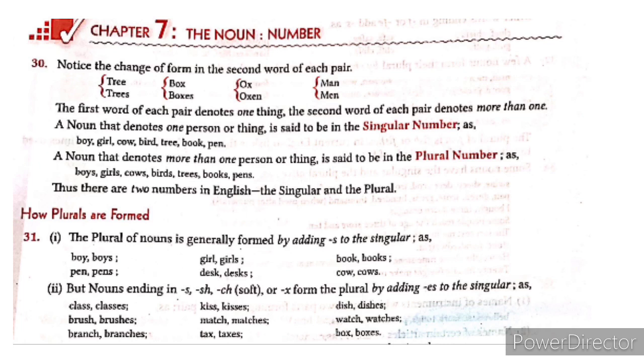Second rule was if your singular noun is ending with s, sh, ch or x, we add es to it. Clear?